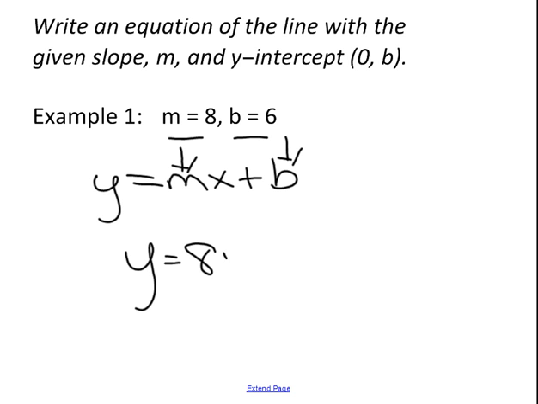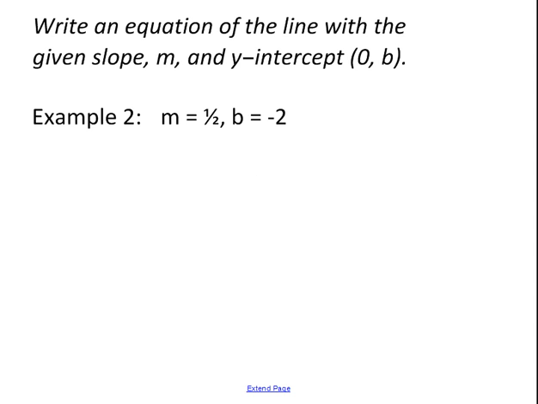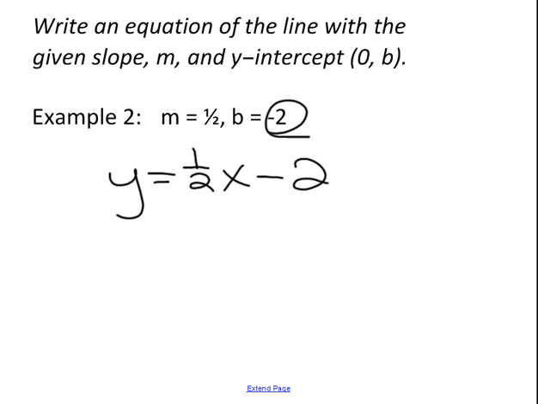Y equals 8x plus 6. Okay, pretty straightforward. Second example, y equals m, which is 1/2 x, plus a negative 2. Usually we write subtract 2 instead of plus a negative, but it doesn't matter. It's the same thing.